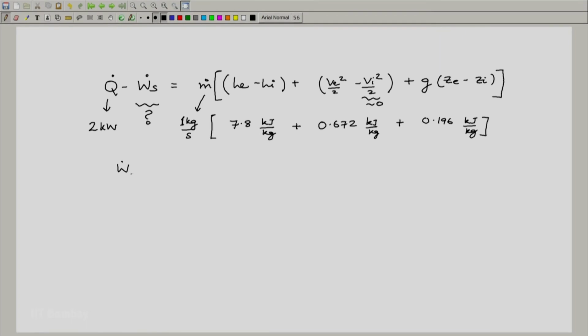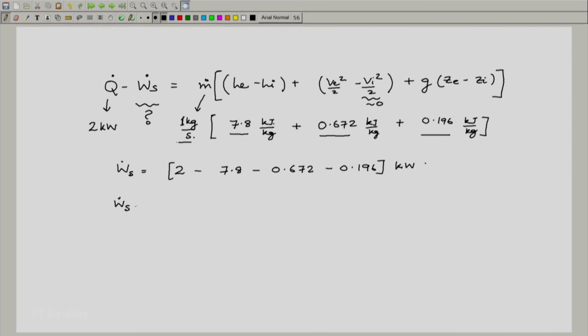So, W dot S, it will turn out, now this entire thing is kilogram per second multiplied by kilojoule per kg. So, this will turn out to be 7.8 kilowatt when you multiply it by m dot, 0.67 kilowatt, 0.196 kilowatt. So, we would end up with W dot S is 2 minus 7.8 minus 0.672 minus 0.196, and all the units you realize are in kilowatts.